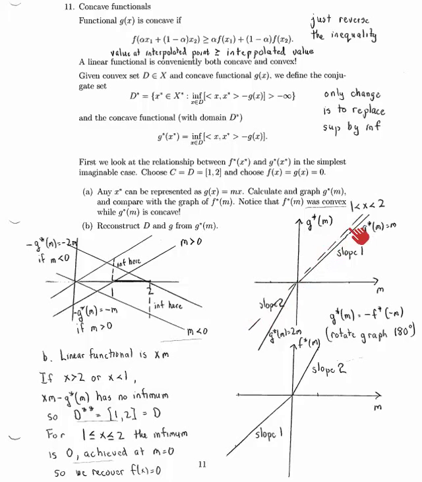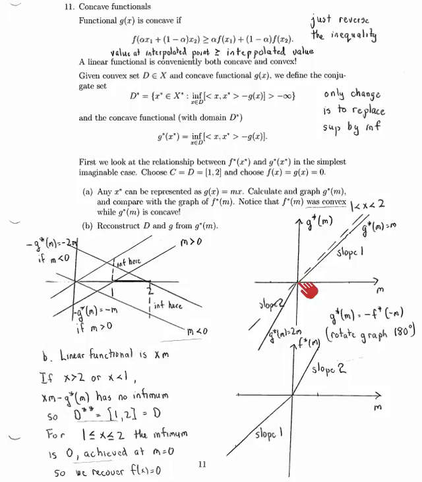Now this will only work if x is between 1 and 2. It touches the graph right here, and that lets us conclude that since the infimum is 0, the value of the conjugate functional is 0, and we have recovered g of x equals 0.